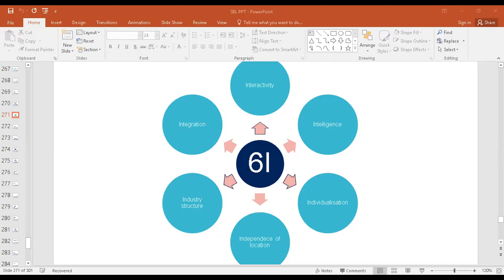Then we see integration. Integration is multiple activities integrated with the use of technology.